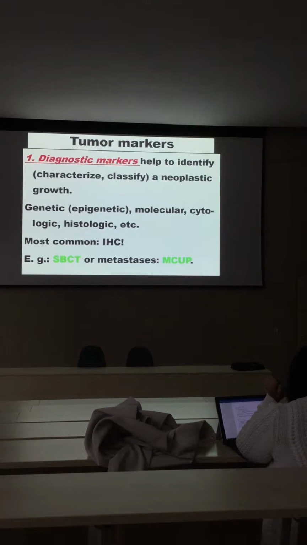And then, obviously, both the patient and the doctor are curious, where is the primary? And often, we just cannot tell, even if we use the most sophisticated genetic, epigenetic, molecular, cytologic, histologic markers. And it's not because the tools are not available. Often that happens too, because there's not enough money.